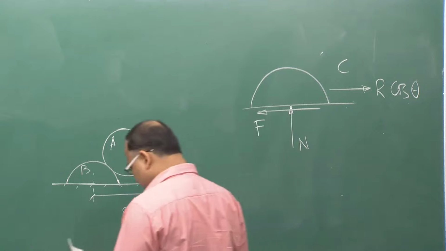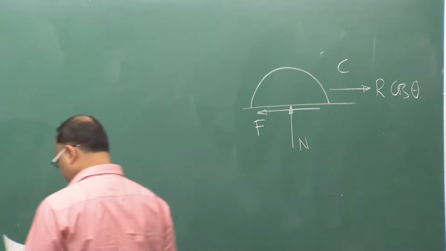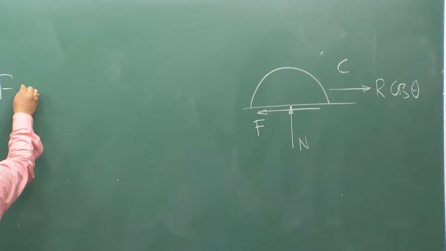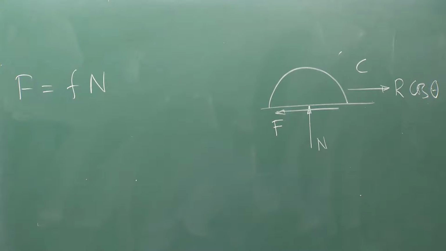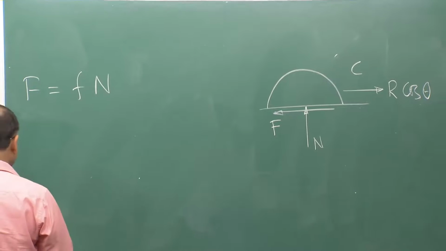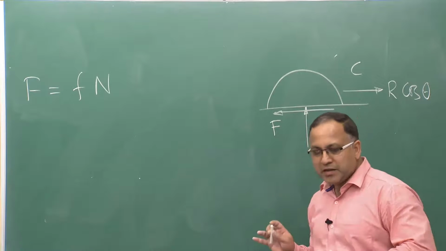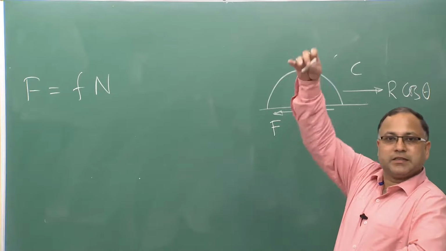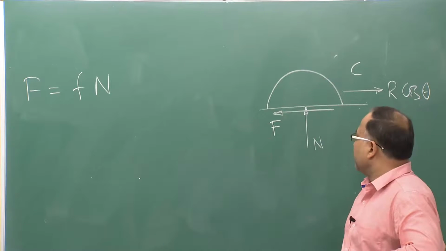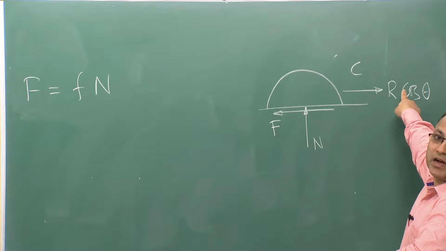So, from this what I can write, now this F is nothing but f times N, where small f is the given coefficient of friction, and N you have already calculated. Therefore, if you want to maintain the equilibrium of this configuration, whatever I was showing, that A is resting on top of two half cylinders, then basically the friction force should be equal to the driving force, R cos theta.